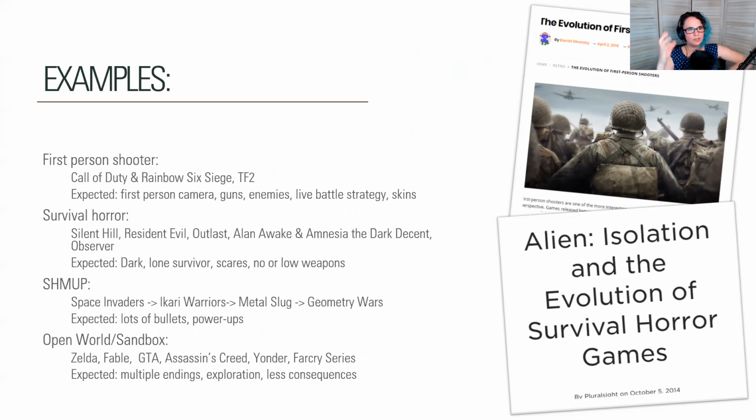However, survival horror, which is the next, is like a sub-genre of that, and removes or limits the amount of weapons that you've got. Enemies, skins, live battle strategy that happens in the moment. Generally multiplayer nowadays, however, not always. And it hasn't been previously, before multiplayer was a thing. So you could have a look at those if you want.